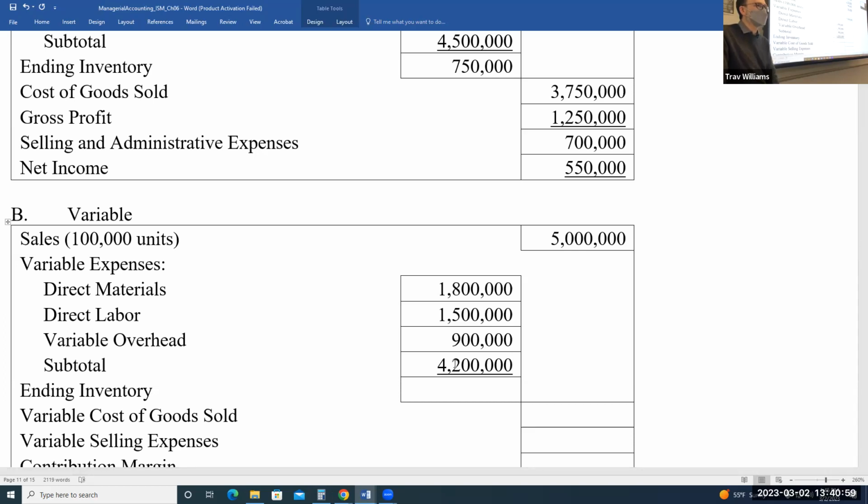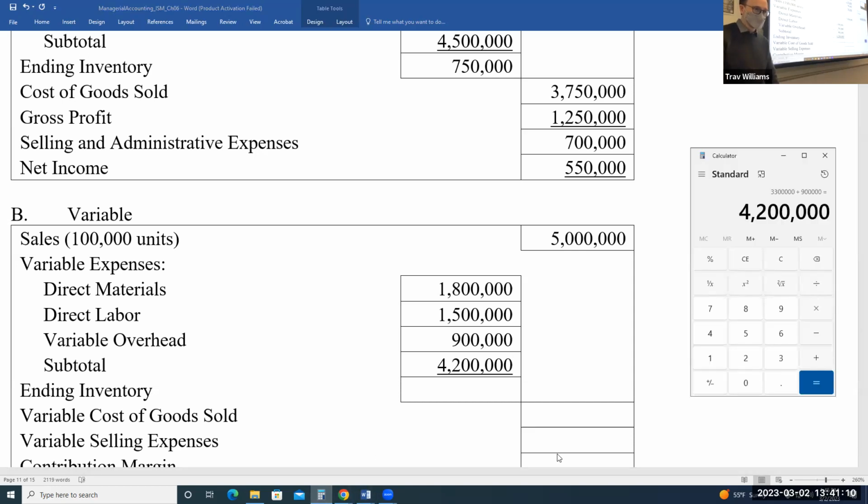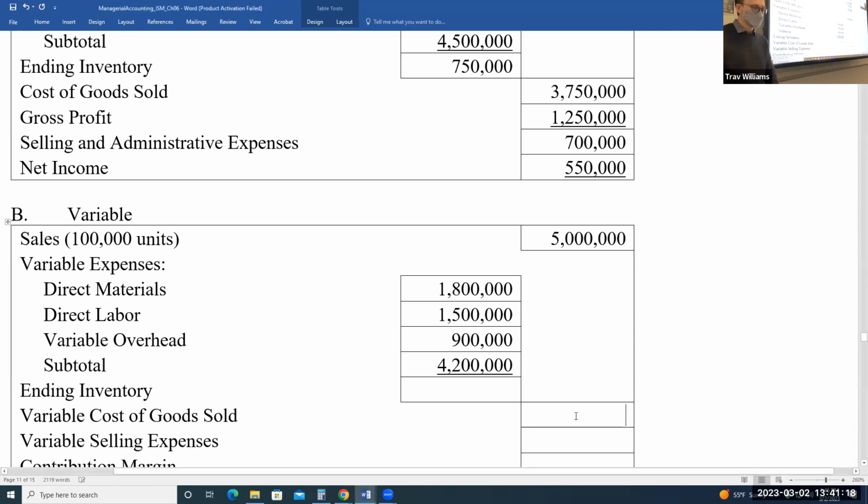Divide it by the 120,000 units that were produced, and then multiply by 100,000 units that were sold. We can. Let's do that. Divide by the 120,000 units that were produced. We get a rate of $35 per unit. Multiply that by 100,000 units, we get $3.5 million as our cost of goods sold.